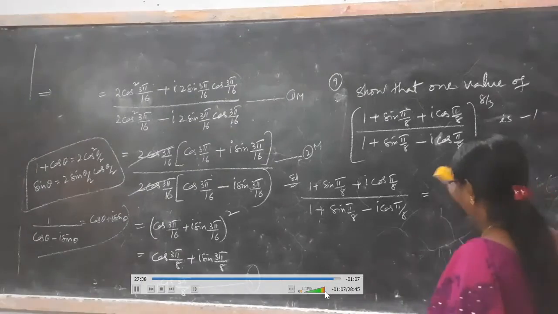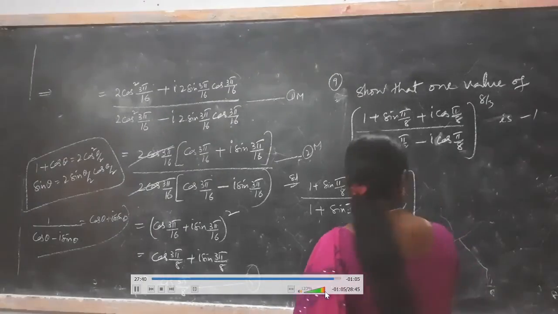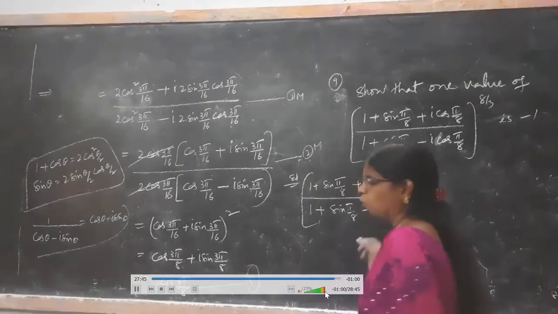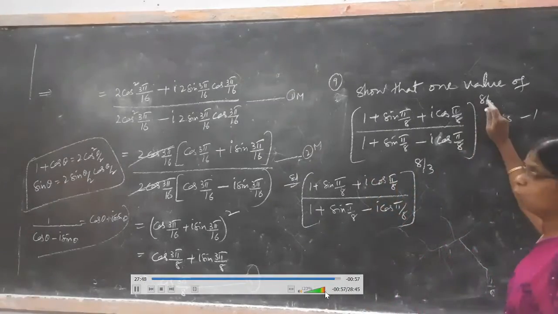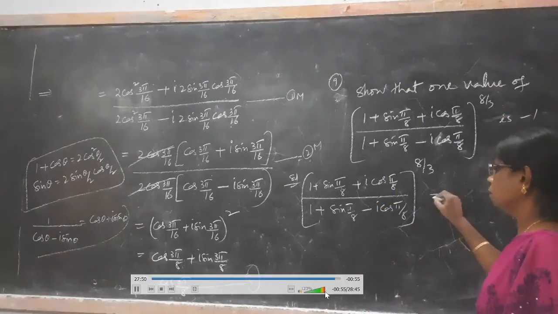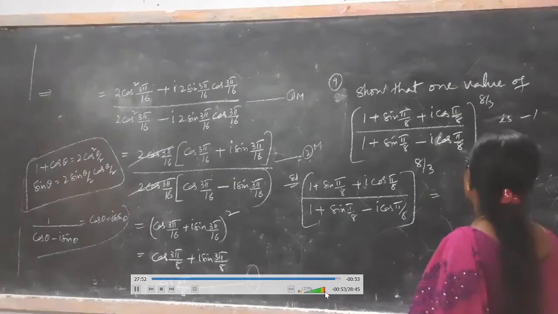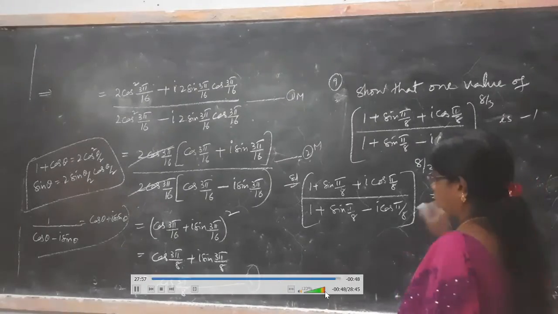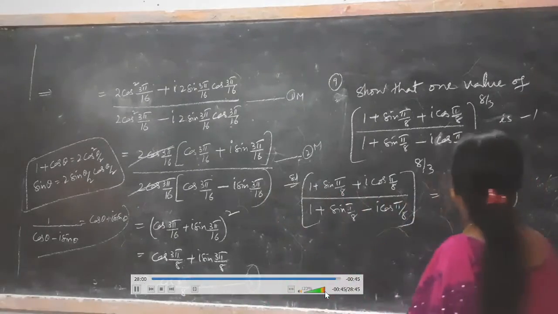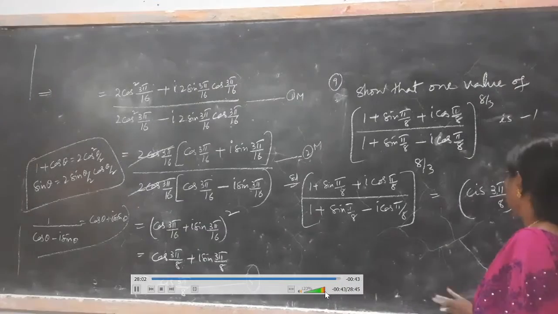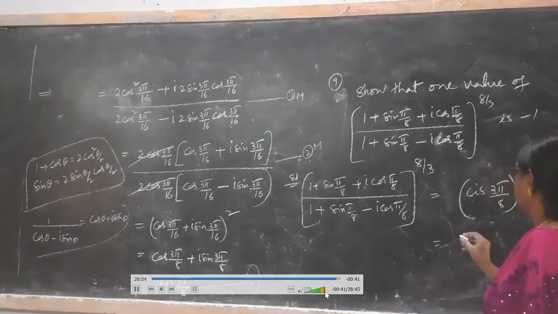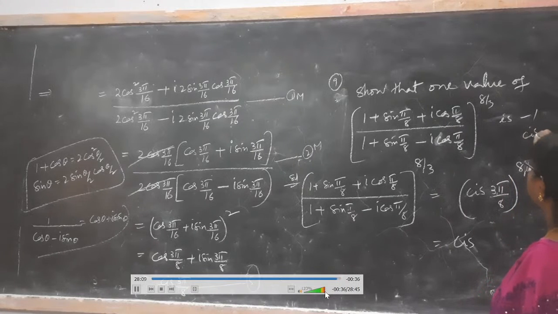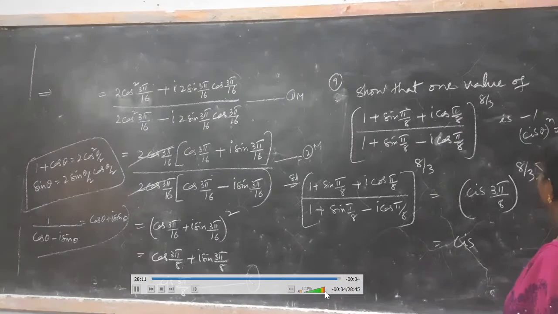Next, if we consider the whole power 8/3, here we have cis 3 pi by 8, power 8/3. What does de Moivre's theorem say? Cis theta power n is equal to cis n theta.